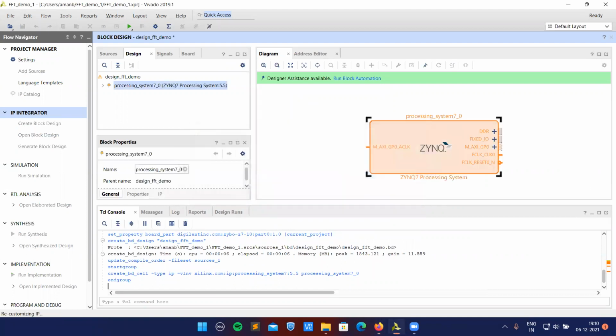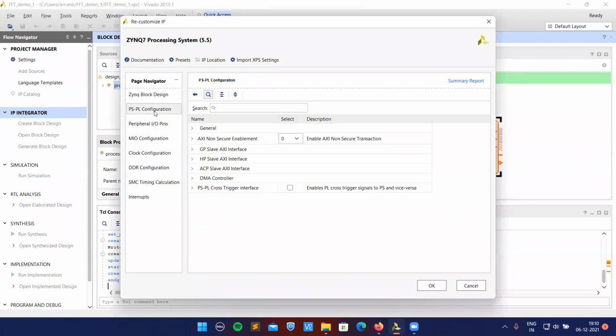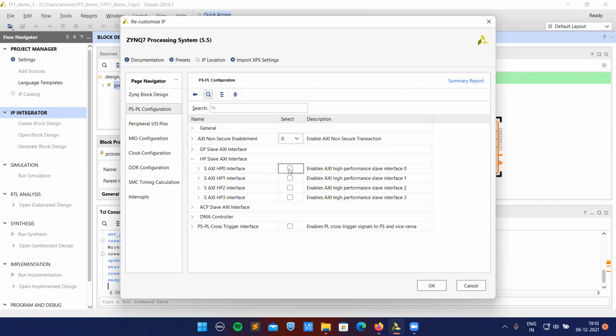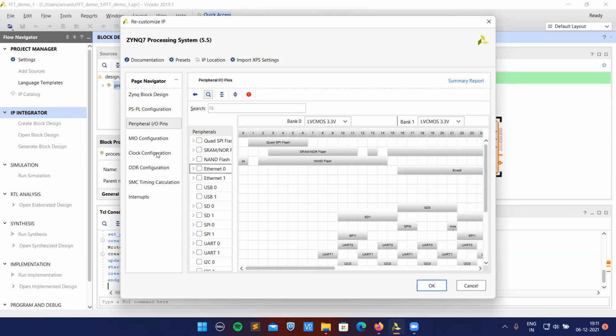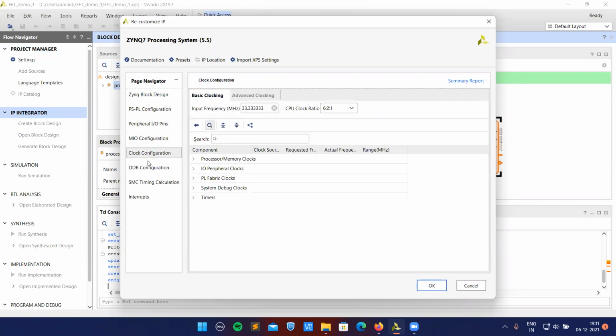Let us first configure the Zynq processing system. For the PS and PL configuration, as we talked about at the beginning of the video, we are going to need one high performance interface for the DDR memory and DMA connections. The peripheral IO pins are going to remain the same. MIO configuration, no change.